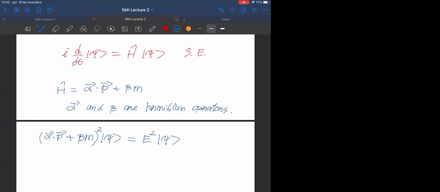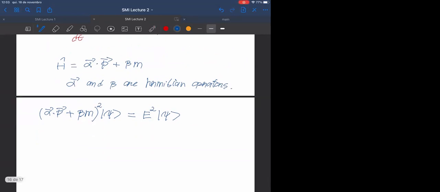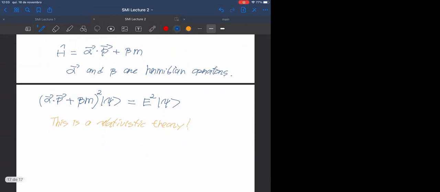And what we can see from here, we know that this is a relativistic theory, so we should write that alpha dot p plus beta m, squared, has to be equal to p squared plus m squared.